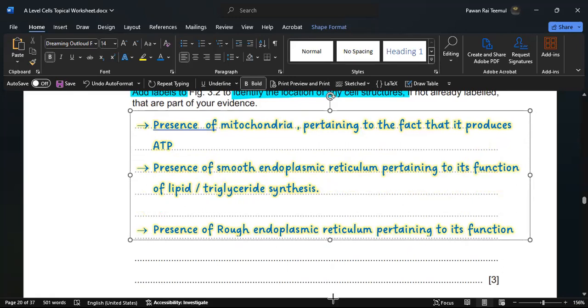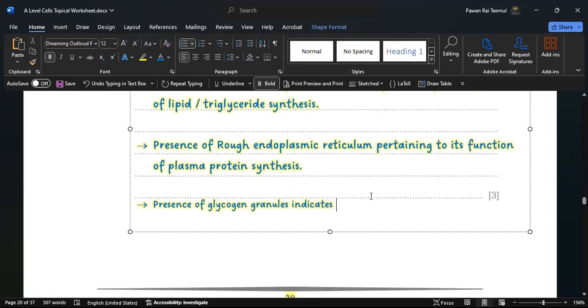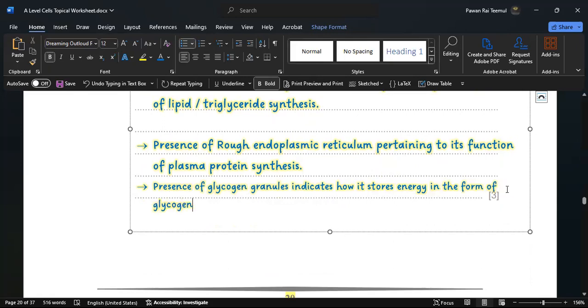Then you say presence of glycogen granules indicates how it stores energy in the form of glycogen, of insoluble glycogen.